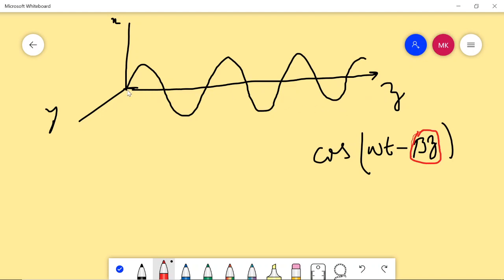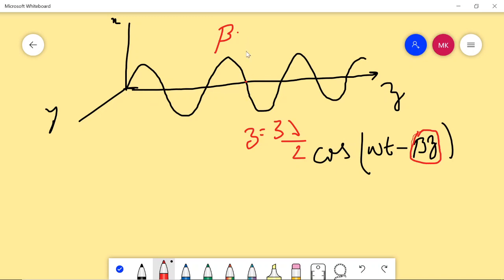So for example, you are at this location, let z equal to 3 lambda by 2. Here you have 1 lambda, 3 lambda by 2. So to find this phase, what you do, you multiply beta with this value of z.